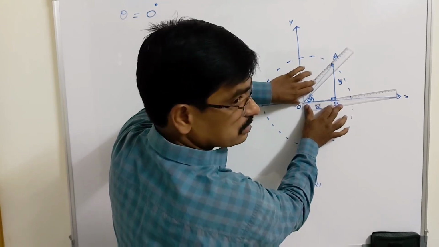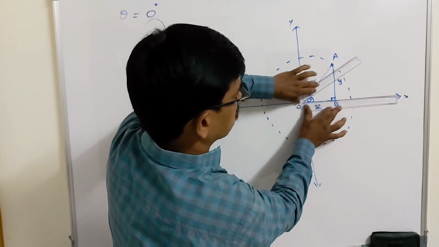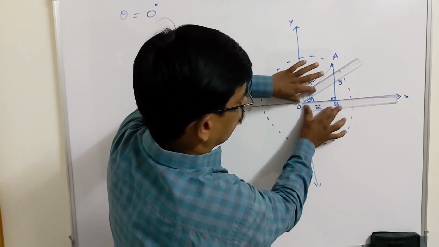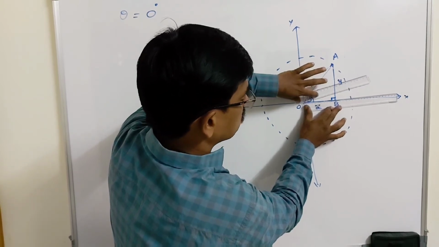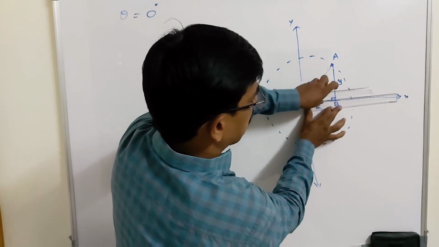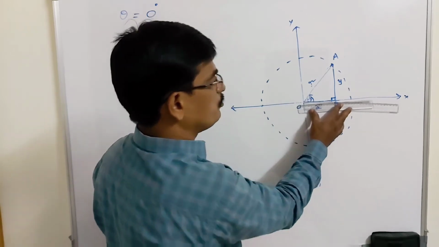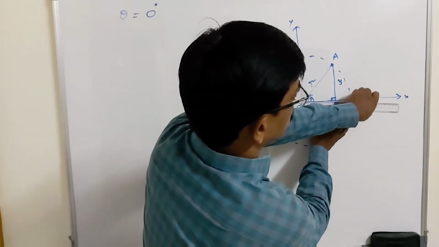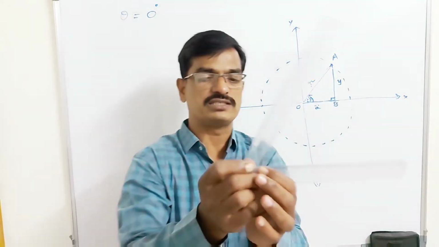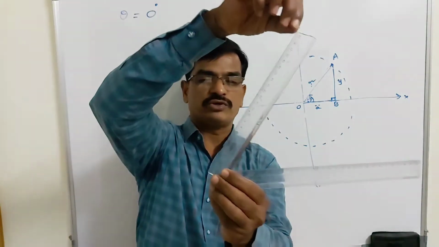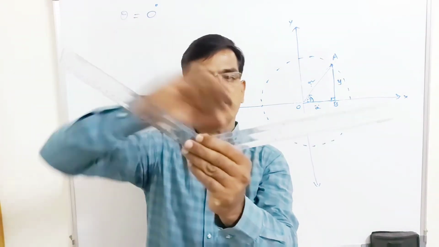See here, are you observing? Decreasing like this. Finally, OA will come to coincide with this horizontal line. That is, the angle made by OB and OA is 0 degrees. Say for example this is theta. If it rotates like this, the angle increases; this is the anti-clockwise direction.